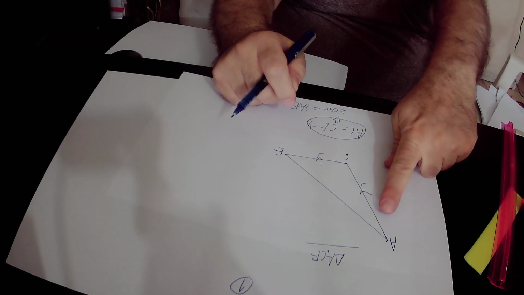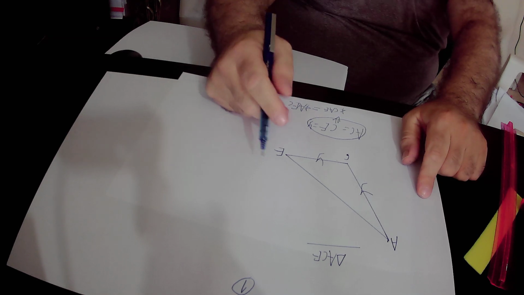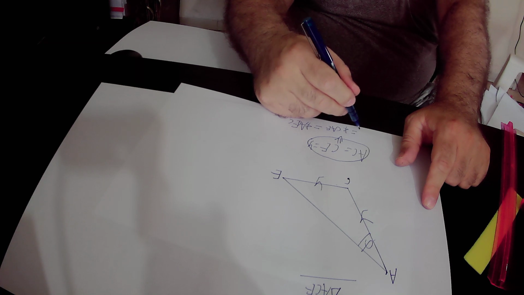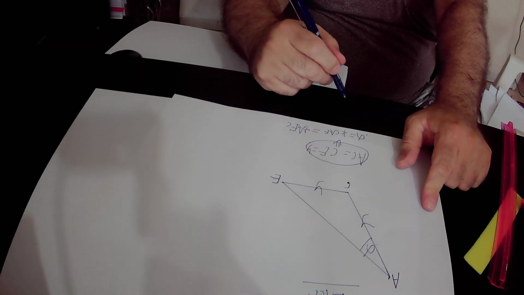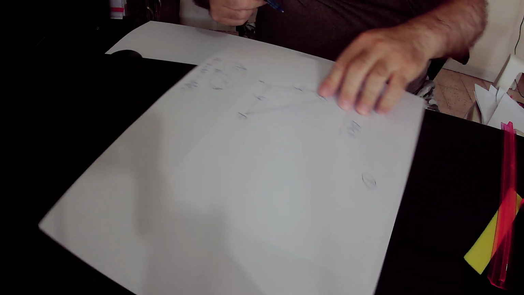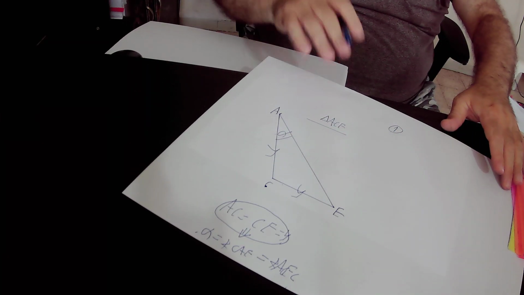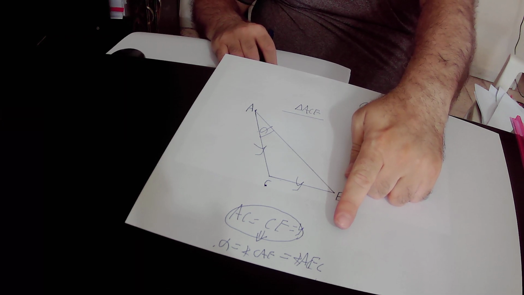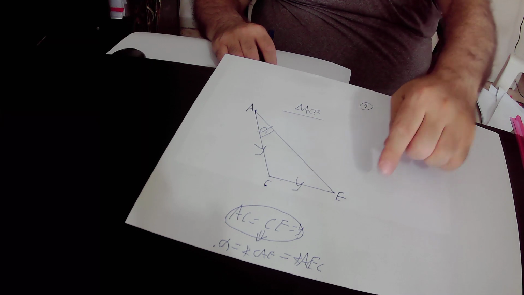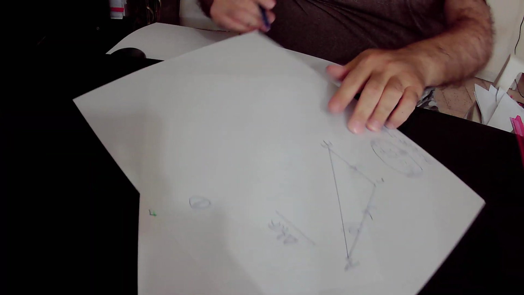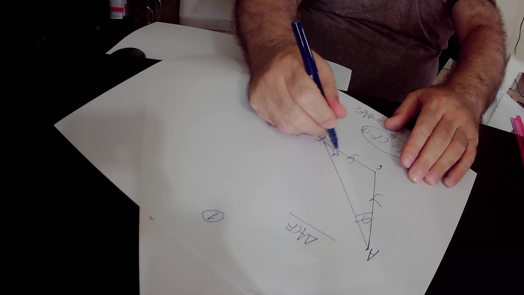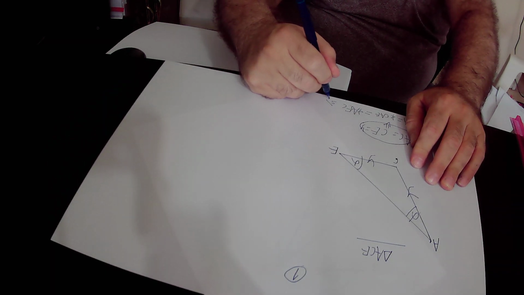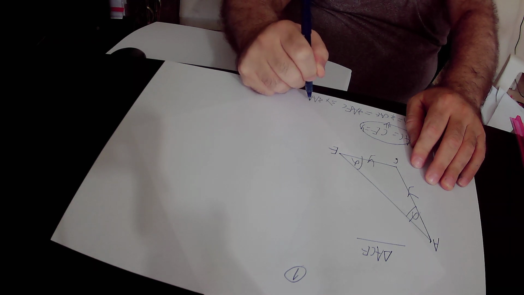So if we define angle CAE as alpha, here angle CAE equals alpha according to our definition, then from this equation, alpha equals CAE equals AEC, we derive that angle AEC is also equal to alpha.